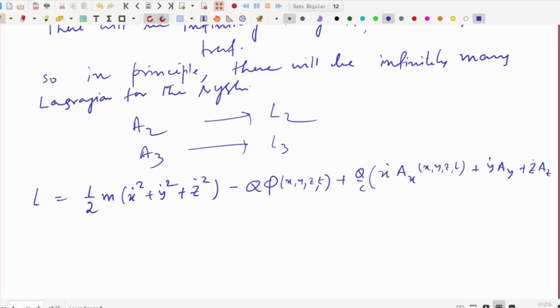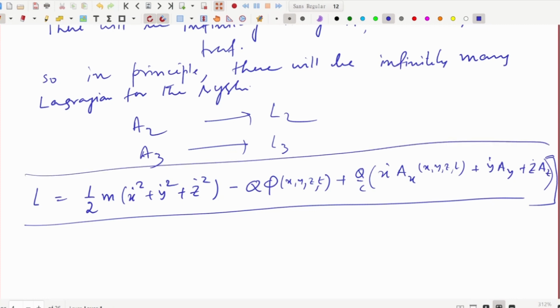I am not writing the detailed functions of A y and A z, but it is understandable. So, this is my Lagrangian for a charged particle in the electromagnetic field.